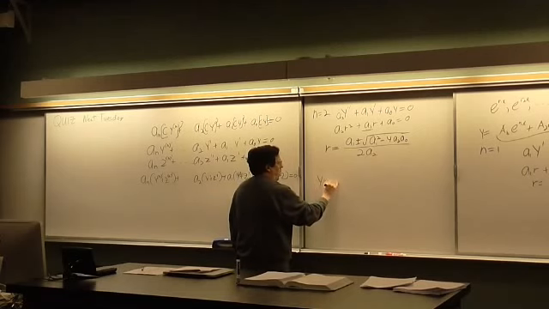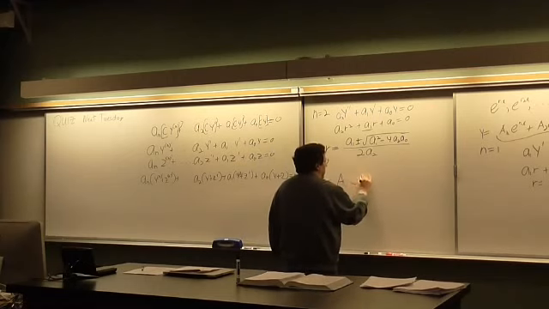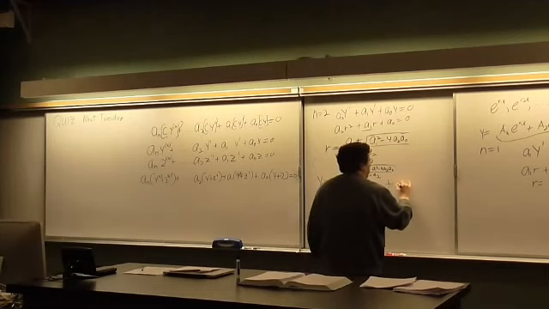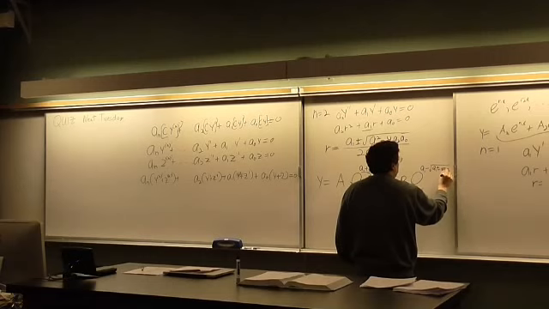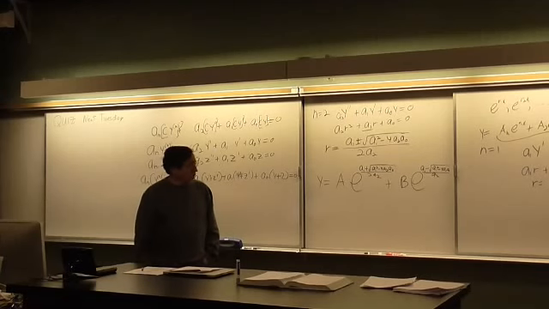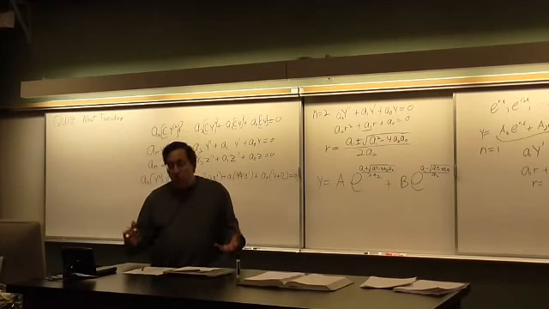That's quite fantastic. y equals, I'll just say capital A, e to the a1 plus the square root of a1 squared minus 4 a2 a0 over a2, plus B, e to the a1 minus the square root of a1 squared minus 4 a2 a0 over a2. Okay? That's pretty exciting. I mean, you don't have to do any work, right?